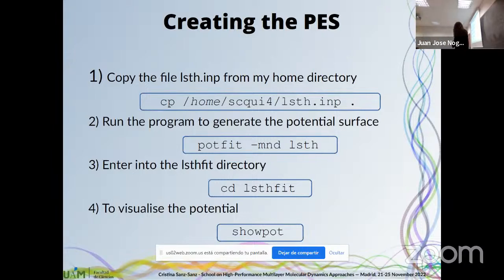So if you all run this spotfit -mnd lsth, this basically means, and that will be always for the Quantics execution, this -mnd means make new directory. Quantics and all the programs in this package, every time that you run a new calculation, it creates a folder.